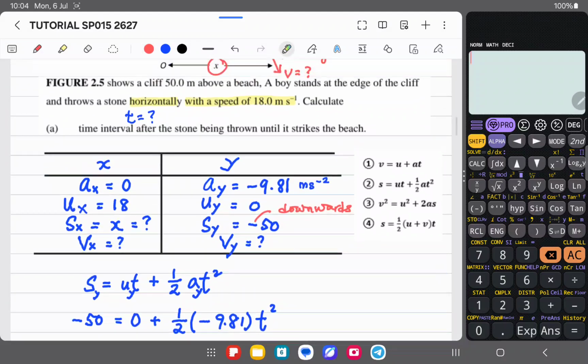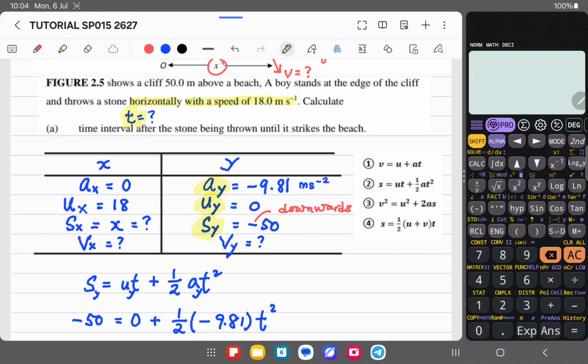In order to obtain the time interval after the stone is thrown until it strikes the beach, we refer to the kinematic equations. We can check the y direction. We know the acceleration, the initial velocity, and the displacement, so we can calculate the time taken.